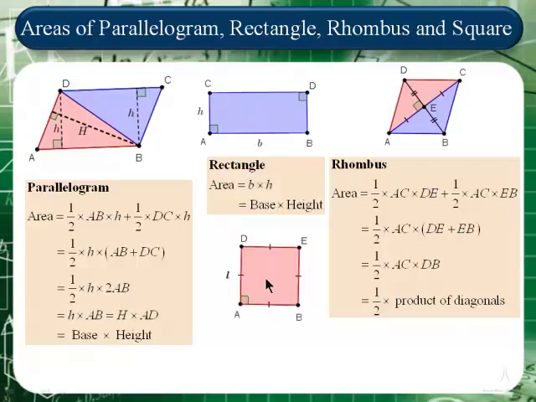And then we look at the square, and the square is also a parallelogram. The side lengths are all the same, so it's base times height, so it's L times L. So the area of a square is simply the square of the length of one of the sides.